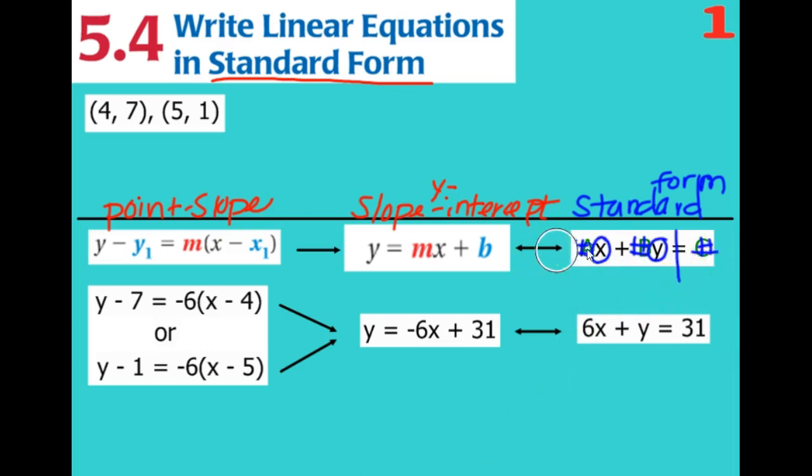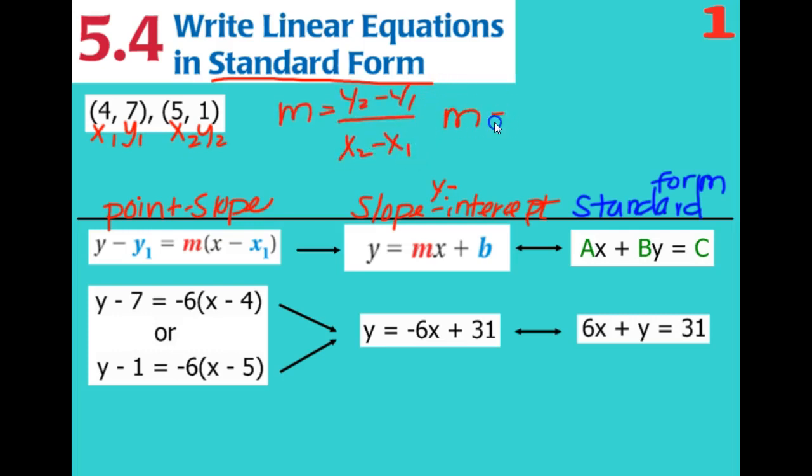So we are going to look at how to convert from either of these two and get it into standard form. So if you have point slope form, let's say we're given these 2 points, we could find our slope. So we could label our points x, y first point, x, y second point, and plug them into our slope formula.